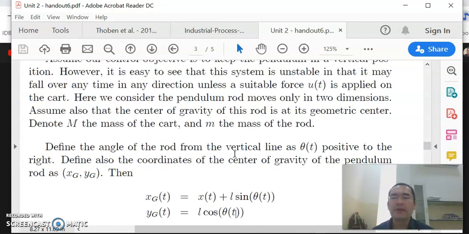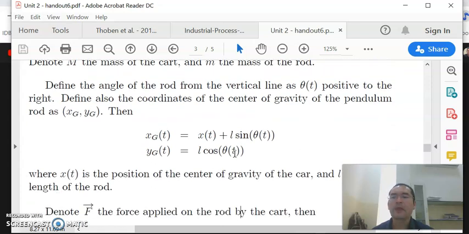We denote capital M the mass of the cart, and small m the mass of the rod. We define the angle of the rod from the vertical line as theta, and it's positive to the right. And we define the coordinates of the center of gravity of the pendulum as x_g and y_g.